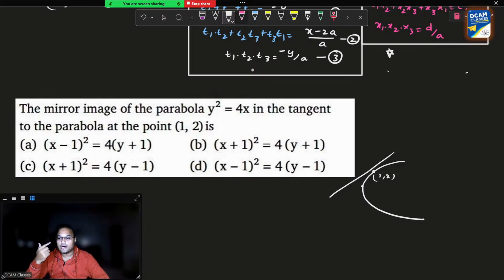And then after you get the point, you have to find out the locus of that. Means you will get the point with one variable, and that variable you have to remove.